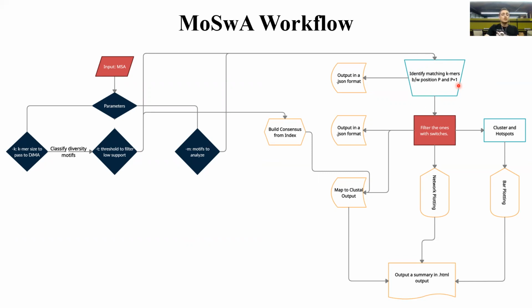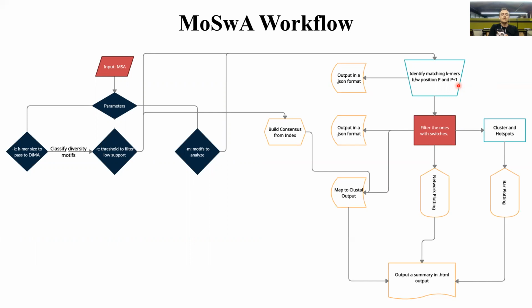And MoSwA outputs a total of 10 JSON files if all the motifs were chosen for the analysis, with 2 JSON files per motif, one containing raw results for all the positions, while the second one has only the positions that exhibited motif switch.